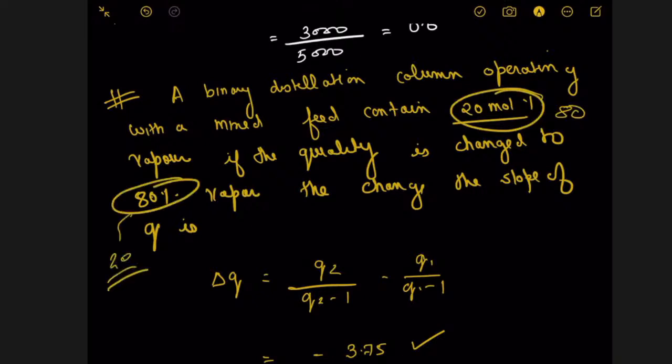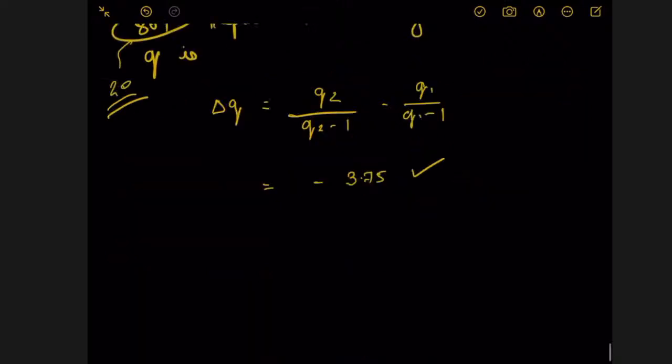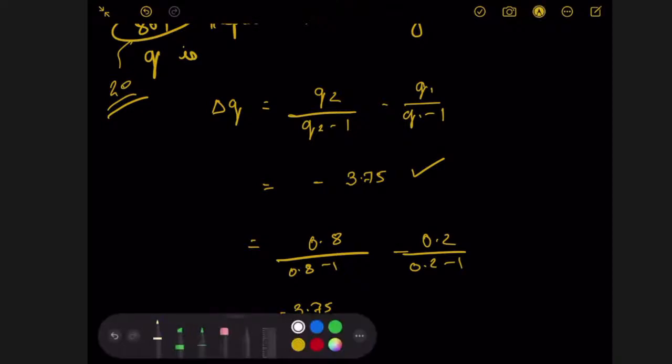That's it. You can directly put the values: 0.8 upon 0.8 minus 1, minus 0.2 upon 0.2 minus 1. So it is minus 3.75. In this way, a number of distillation questions can be easily solved.